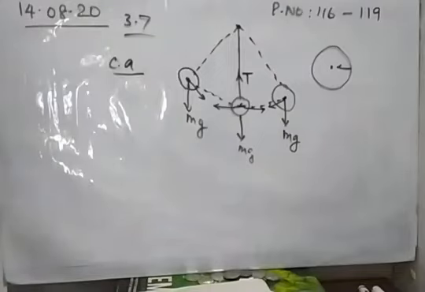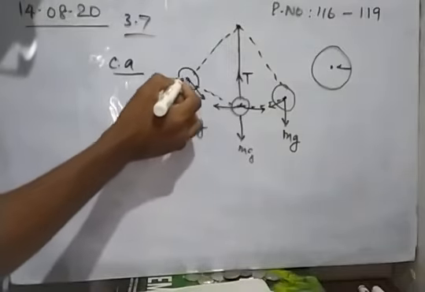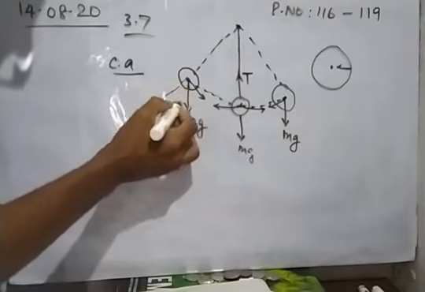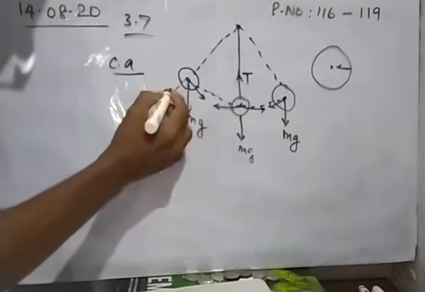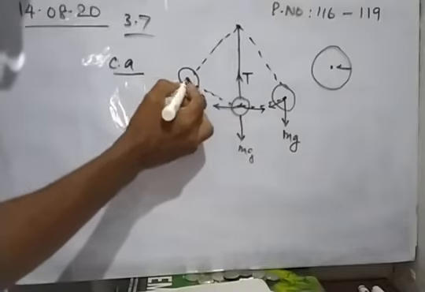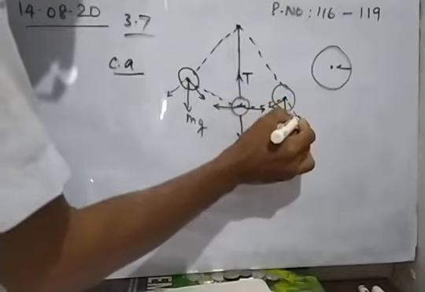Next, the gravitational force mg can be resolved into two components. One is along the string and another is perpendicular to the string.